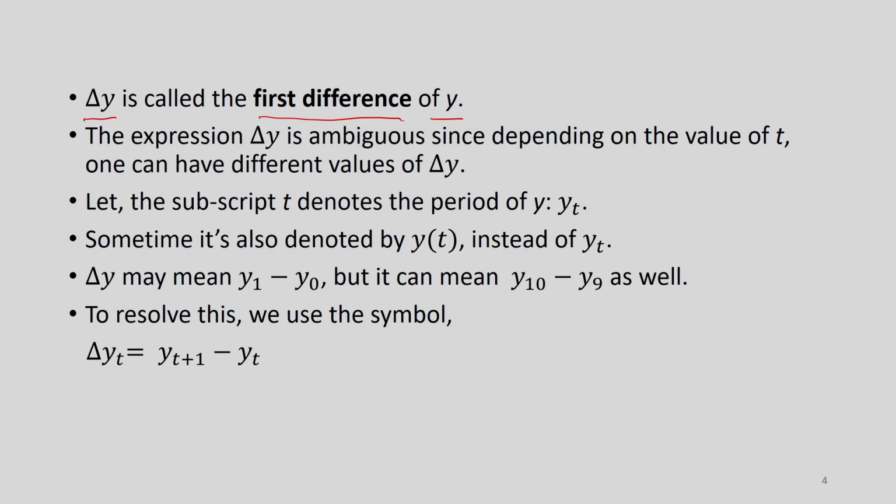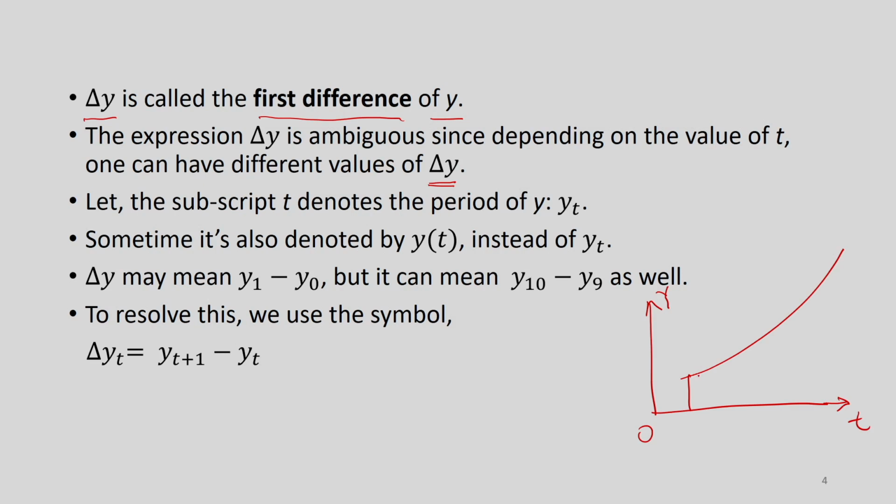The expression delta y is ambiguous, since depending on the value of t, one can have different values of delta y. Think about this. Suppose this is how y is changing, and here you have time.